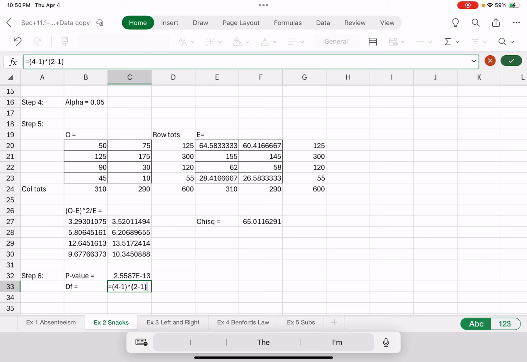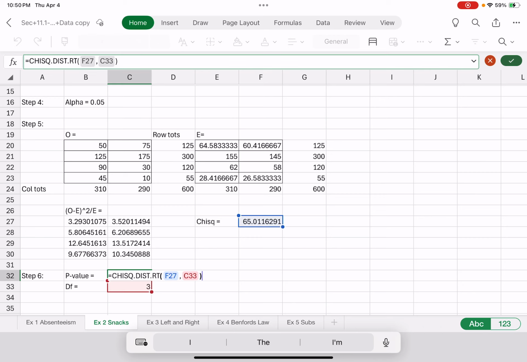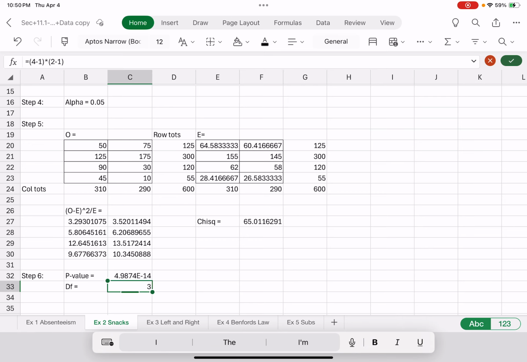So the number of rows minus 1 times the number of columns minus 1. And that gives me 3, so that's my degrees of freedom. So my chi-square distribution is going to have a mean at 3, and this is 65. So this p-value is going to be way, way small. And so there it is.